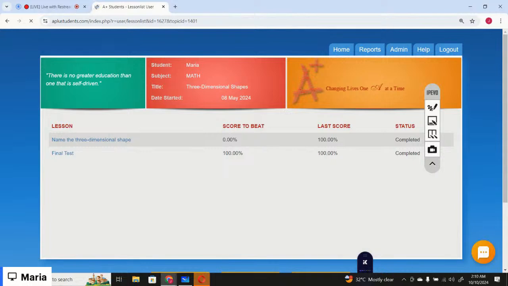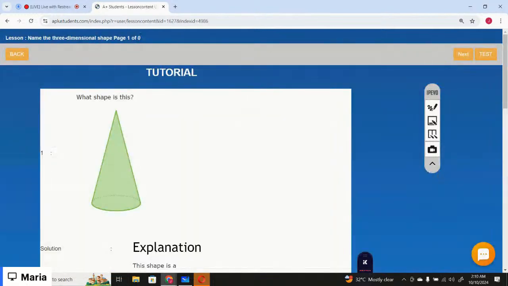That is name the three-dimensional shapes. What shape is this? Which is the correct option?